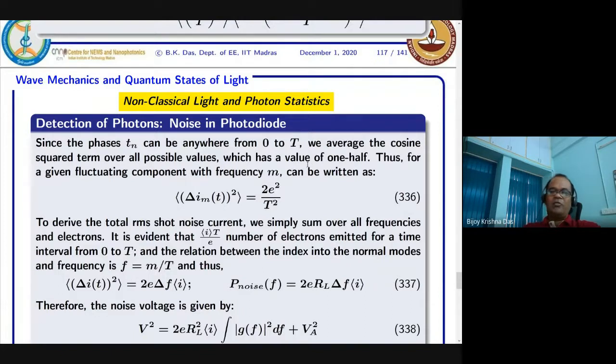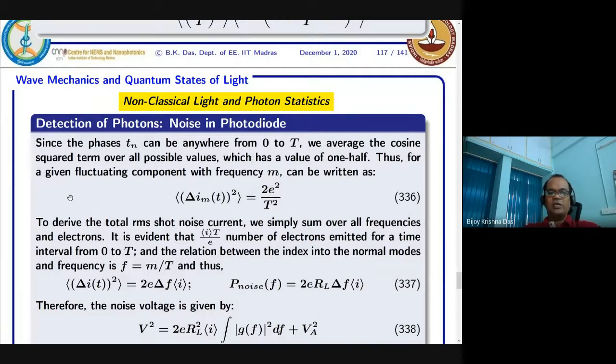That means Tn can happen at t equal to 0, it can happen at t equal to capital T, or anywhere in between. So on an average, that is T by 2, the occurrence on an average is 1 by 2.